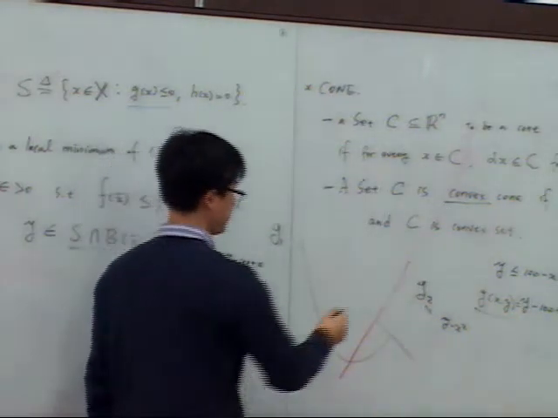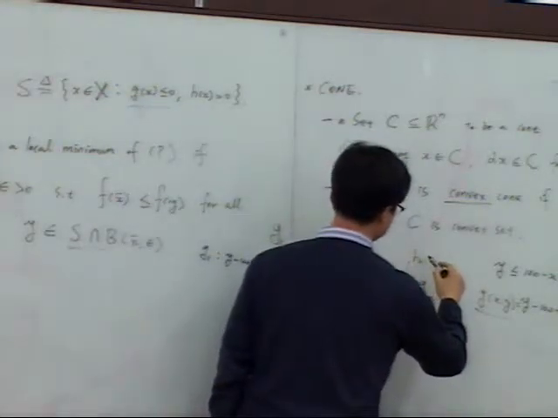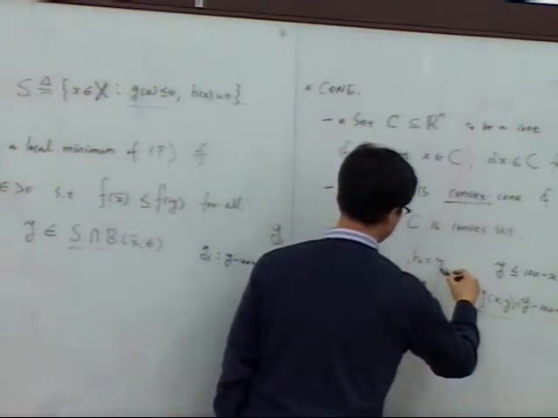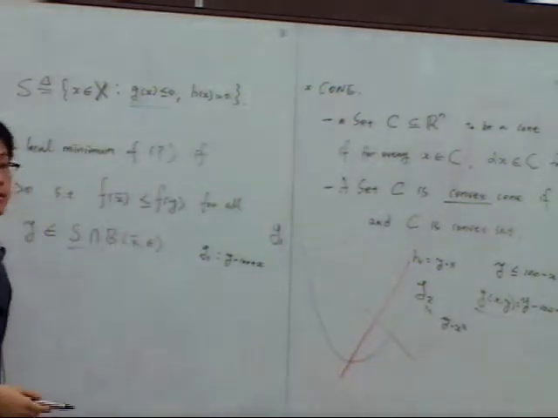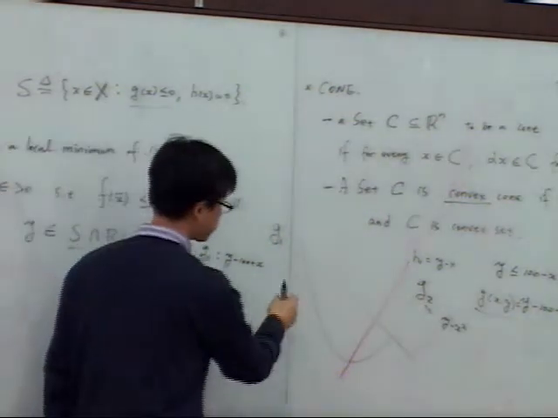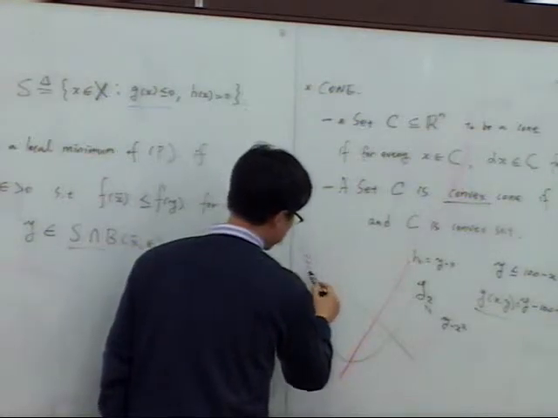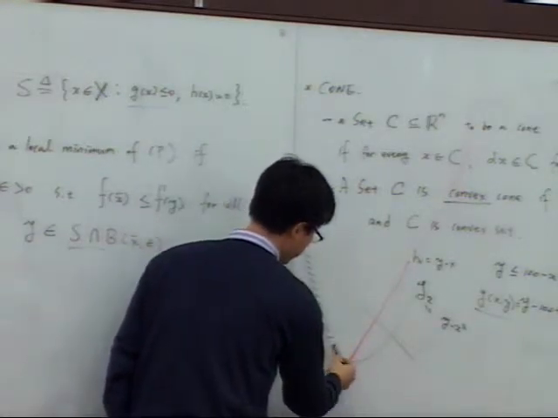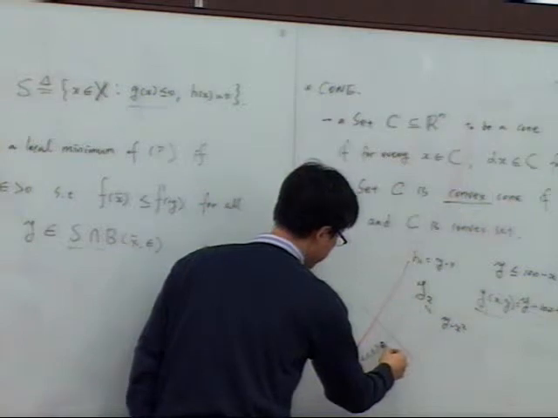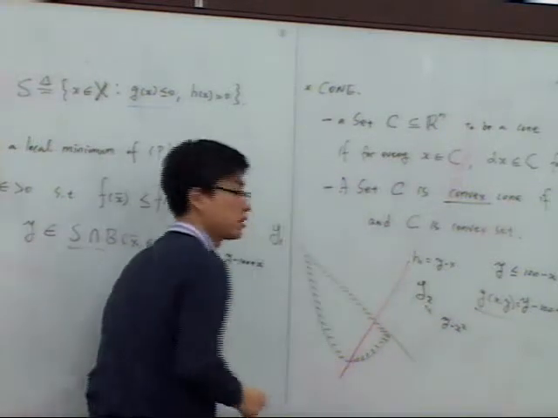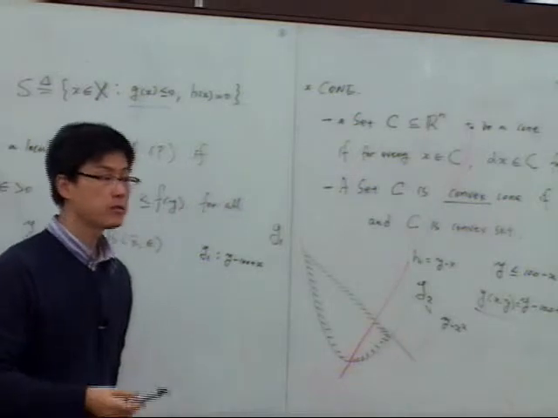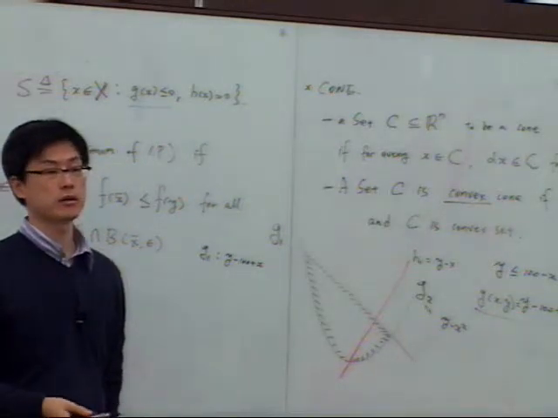And for this H1, it's y minus x. Which means your feasible region is inside this part from the inequality constraint.